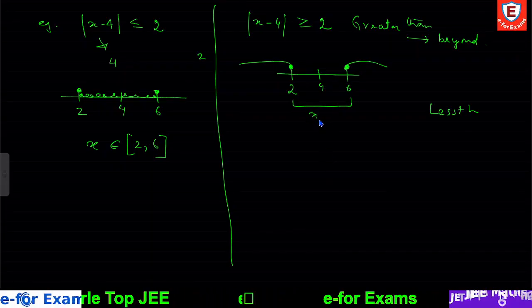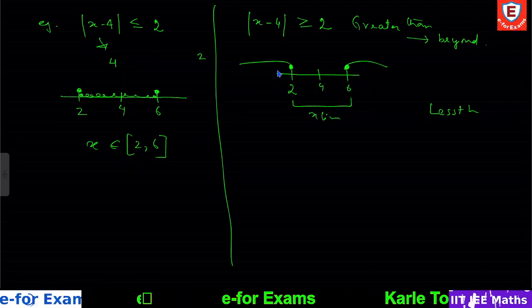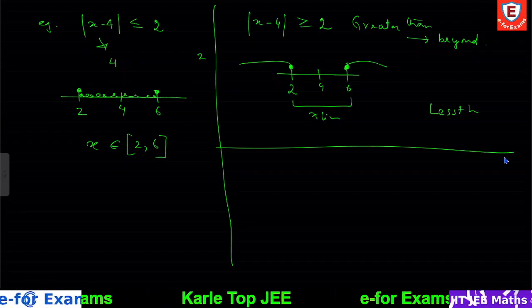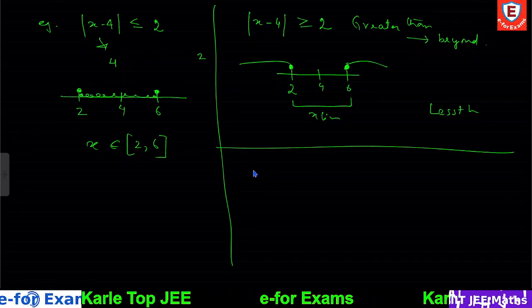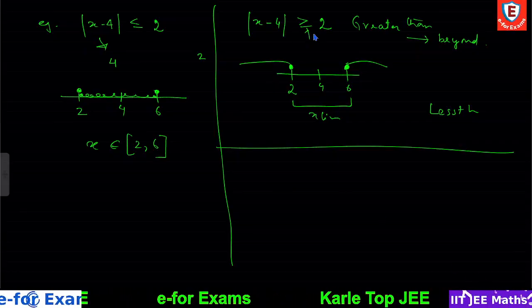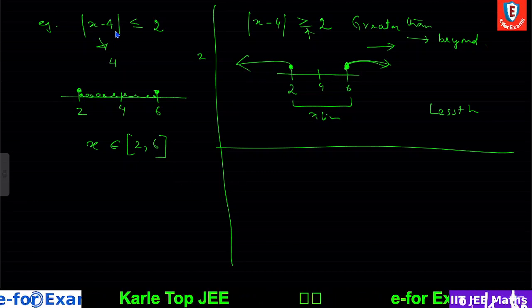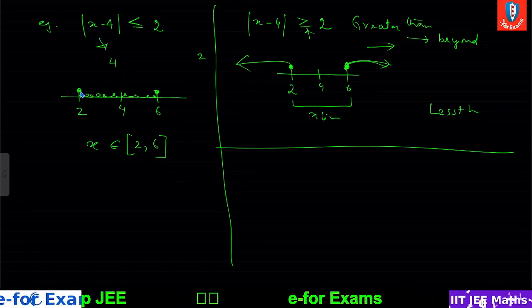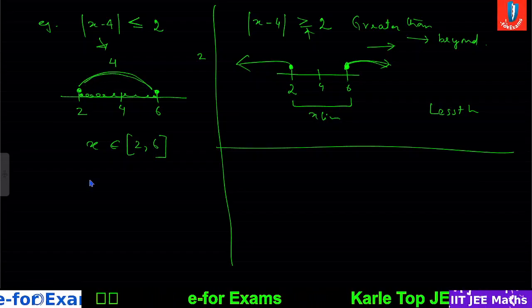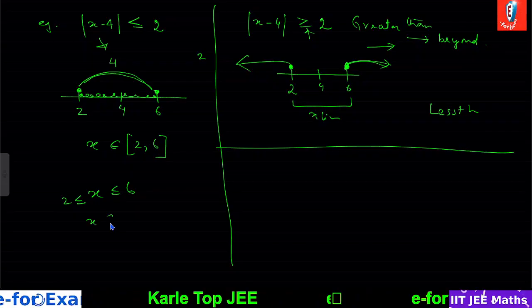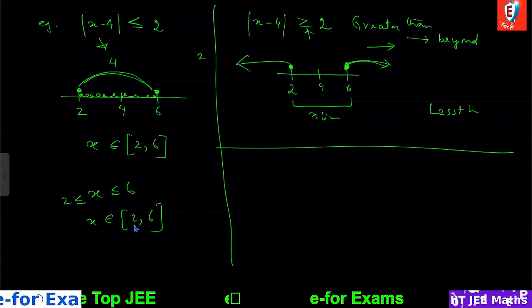For less than, x lies within, and for greater than, that means the arrow is away, so it will be beyond. Got it? Here the arrow is coming towards, so it will be between these two: 2 less than or equal to x less than or equal to 6, that is x belongs to [2, 6], including 2 and 6.